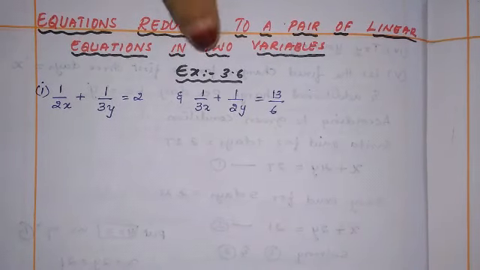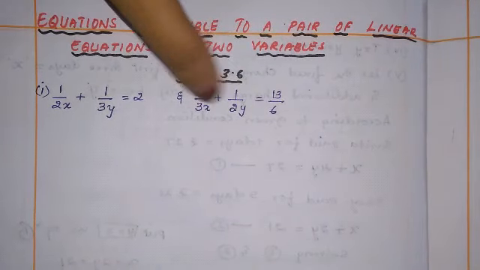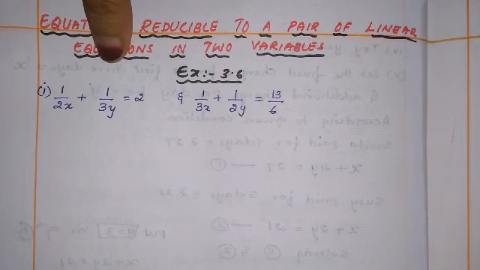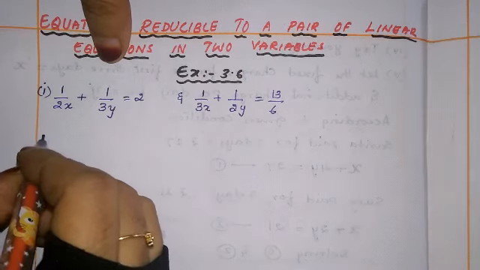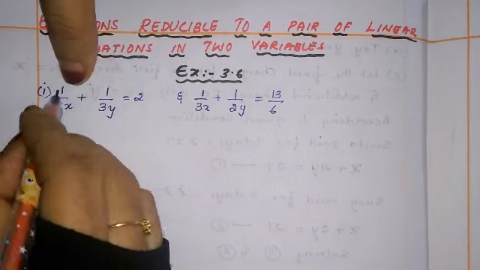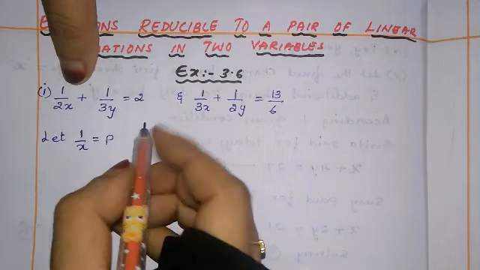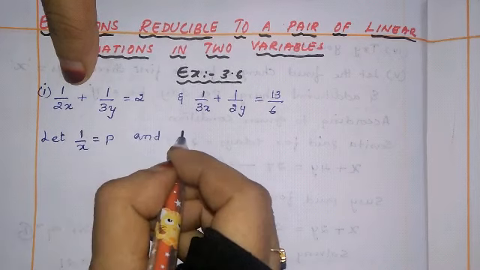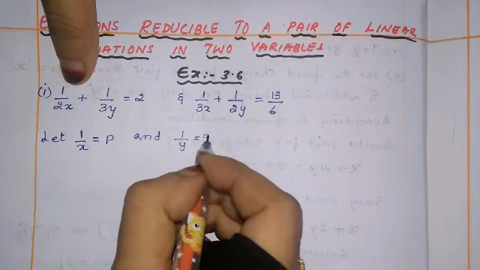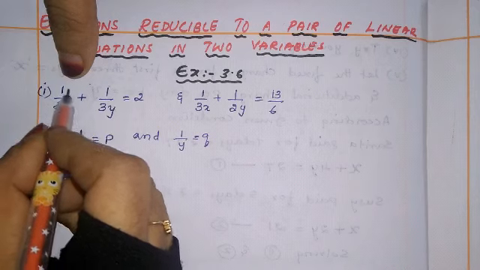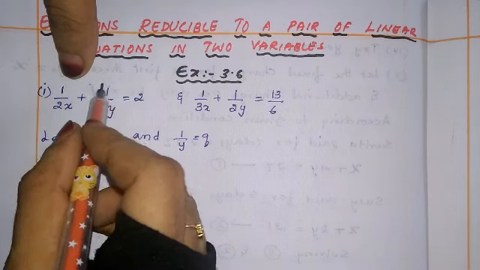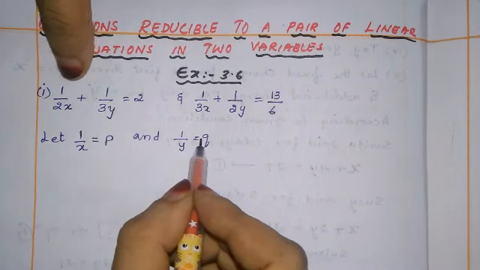To solve this, first we have to reduce these equations to linear equations. To reduce them, we can take 1 by x equals p and 1 by y equals q. In place of 1 by x we write p and in place of 1 by y we write q.